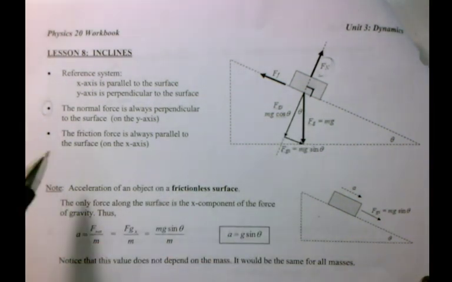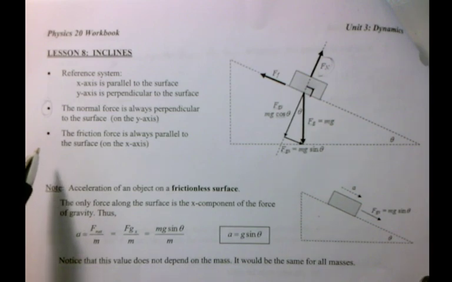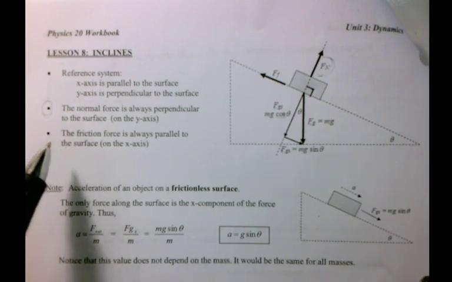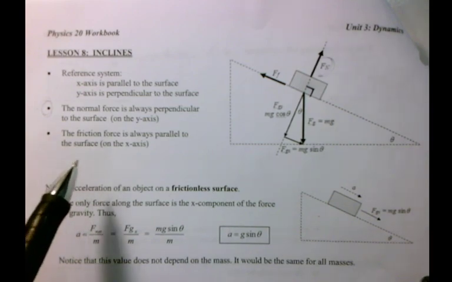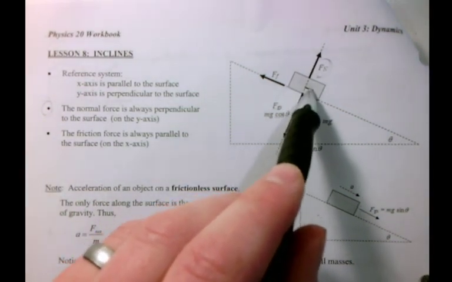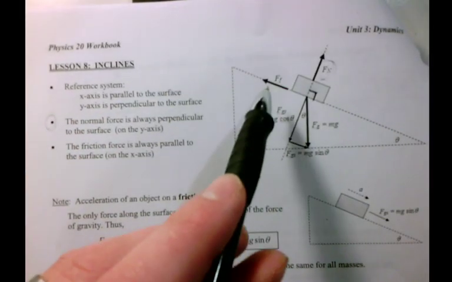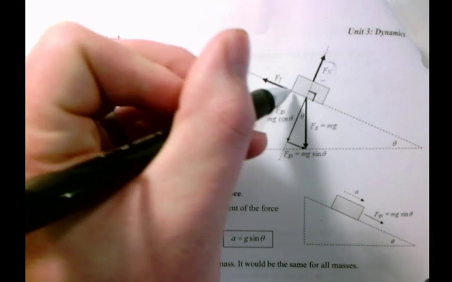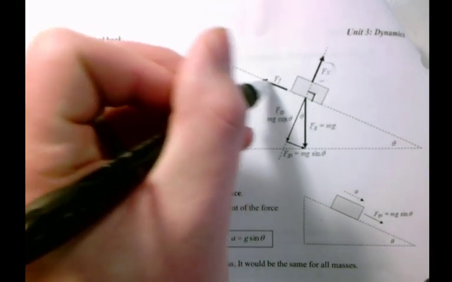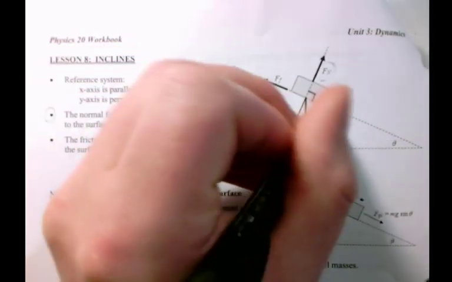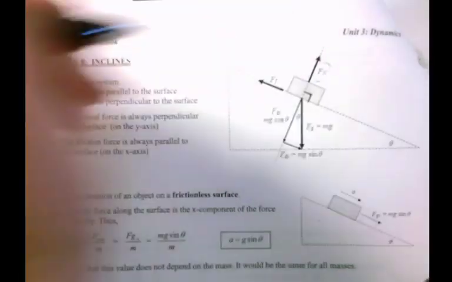Our second one, from our last lesson on friction: friction force always needs to be parallel to the surface. Just like normal force needs to be perpendicular, 90 degrees to the surface that the object is sitting on, our friction force needs to be parallel, on the same plane, in line with our surface, always.